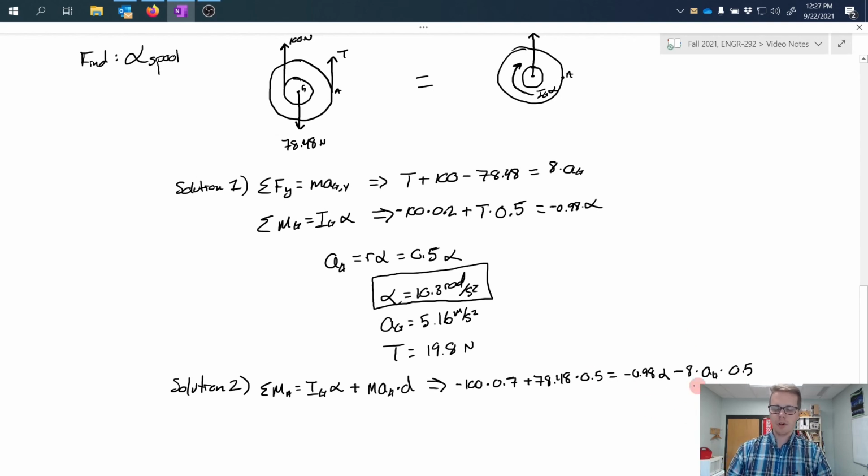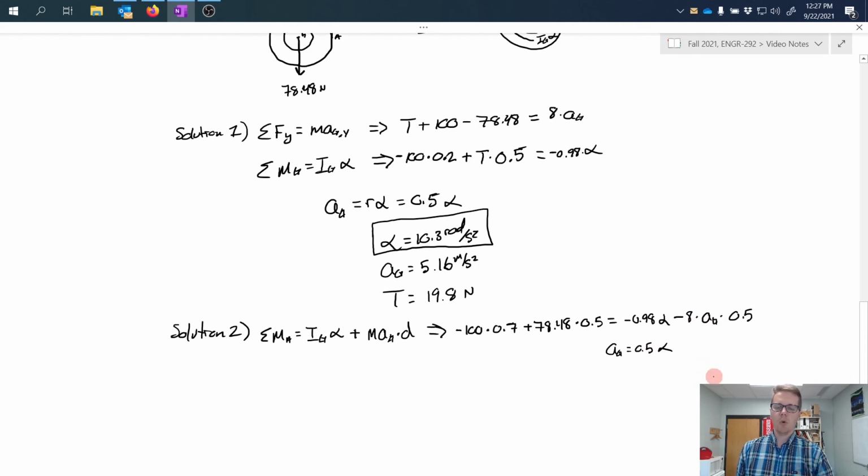And I have two variables here, but once again I can note that a_G equals 0.5 alpha. And now substituting that into the first equation, I have one equation with one unknown, and I can use that to go ahead and solve for alpha, in which case I once again find 10.3 as my solution.